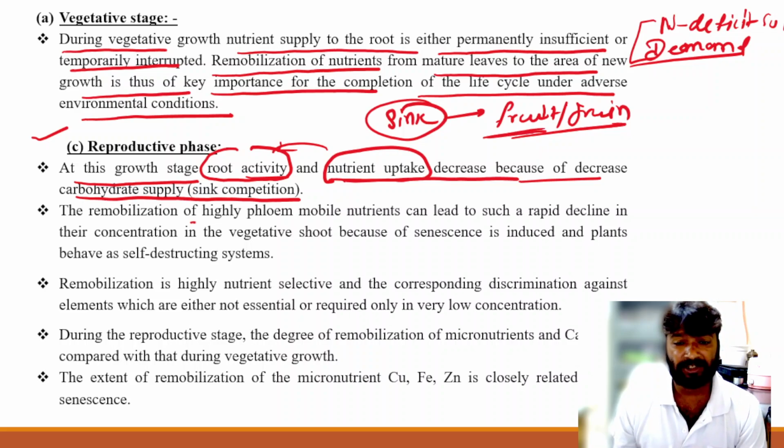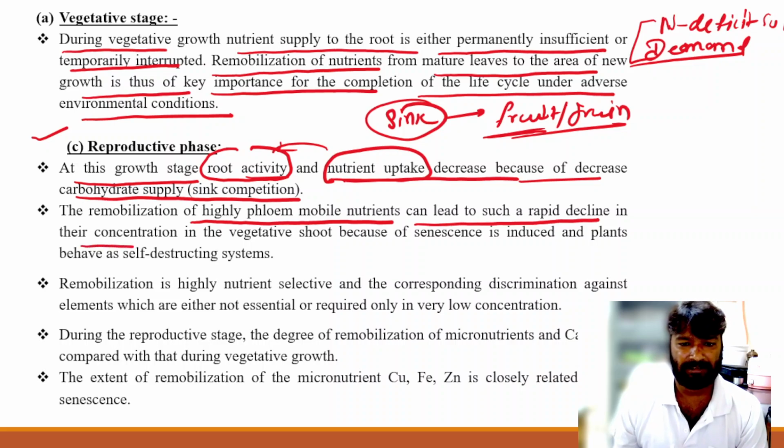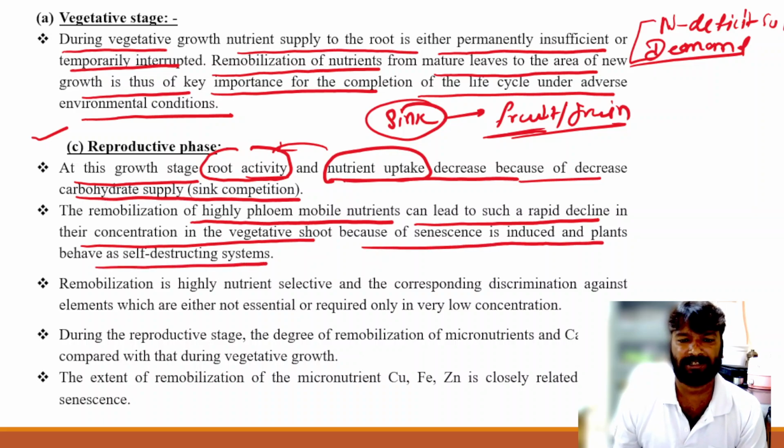The remobilization of highly phloem mobile nutrients can lead to such a rapid decline in their concentration in the vegetative source because senescence is induced and the plant behaves as a self-destructive system, that is PCD, programmed cell death.